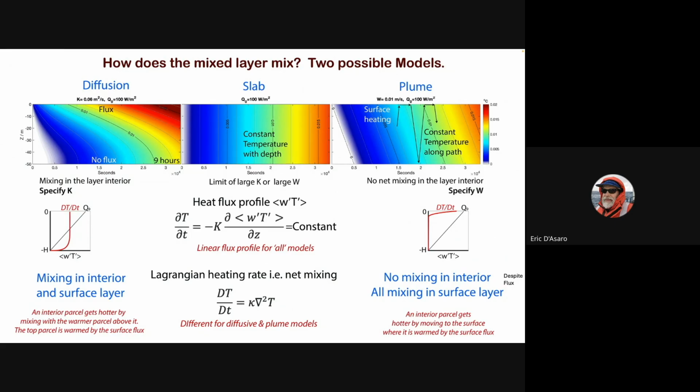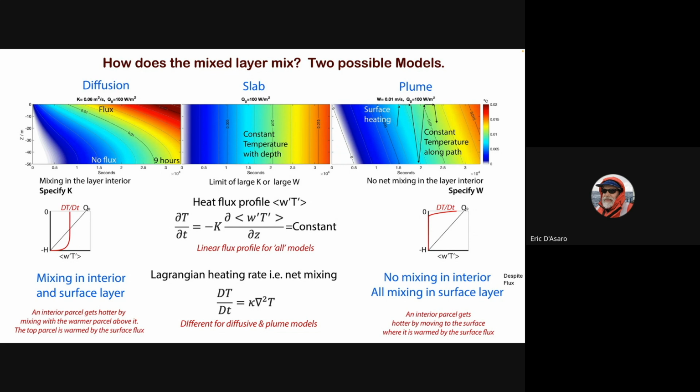In other words, how does a parcel of water in this model get warmer? If I'm at this depth, it gets warmer by mixing with the parcel above it, which is even warmer, and the top parcel is warmed by the heat flux. Perfectly straightforward diffusive model. It can be a fluid or it can be a block of steel.